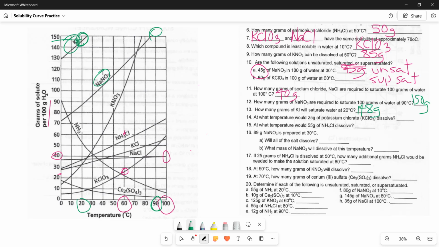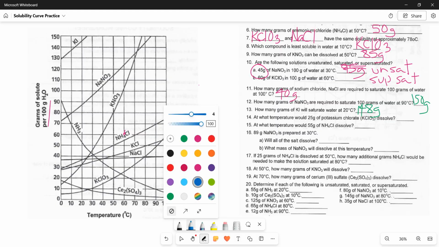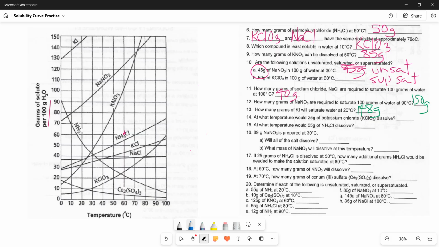Okay, so question 14. At what temperature would 25 grams of potassium chlorate dissolve? So I'm going to clear this because we're kind of shifting gears on how we're doing these problems. I'm going to go to blue, I think. Okay, so we want to know 25 grams of potassium chlorate. So potassium chlorate is this substance here.